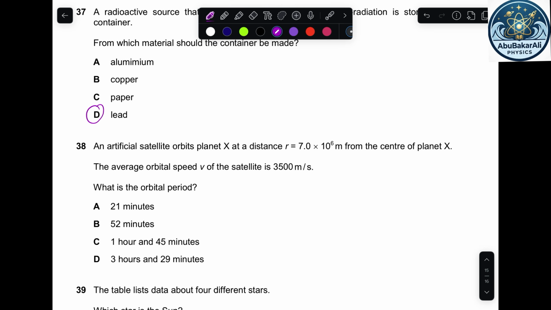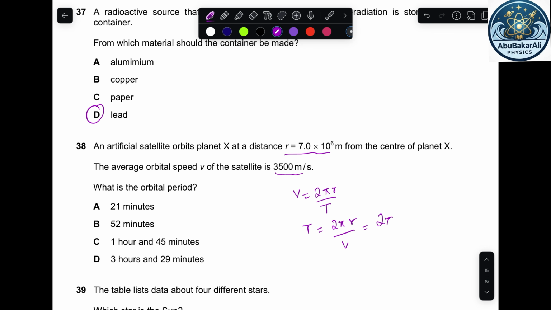Question 38, an artificial satellite orbits planet X at a given distance from the center of planet X, and the average orbital speed is given. What is the orbital period? So you have to apply the orbital speed formula. Orbital speed is 2 pi r divided by T. You have to find T, so T equals 2 pi r divided by v.